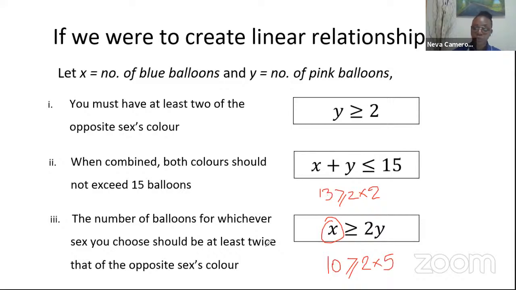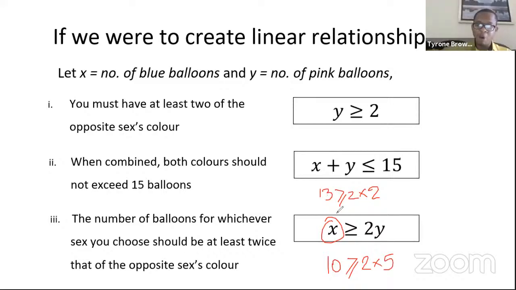So if we selected 2 pink, twice 2 would be 4. So would that still be a true statement? 13 is greater than or equal to 4. Same thing with 10 blue and 5 pink: 10 is greater than or equal to 2 times 5. So we're writing what was said in words as an inequality.